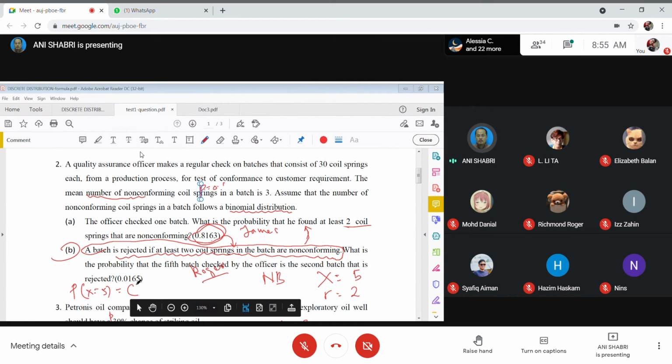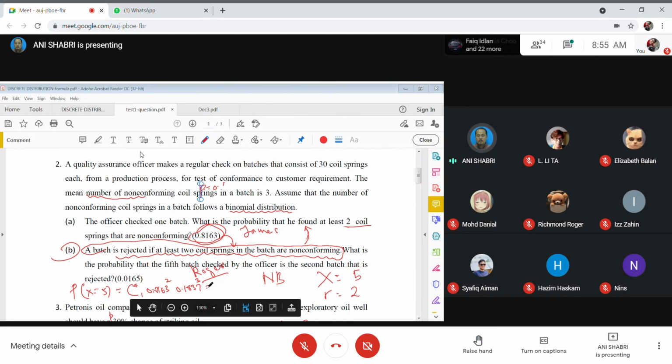The formula is X minus 1 choose R minus 1, P to the power R, 1 minus P to the power X minus R. R is 2.